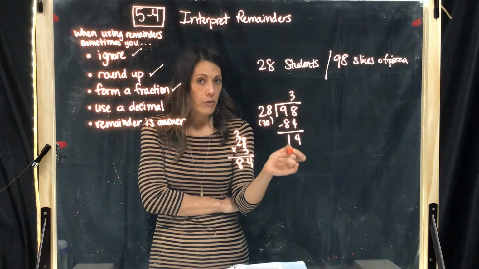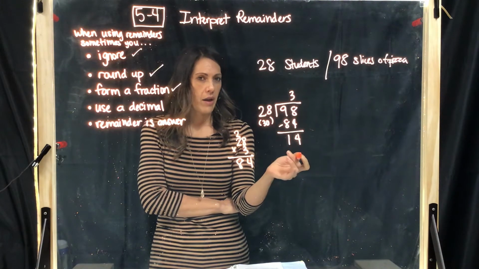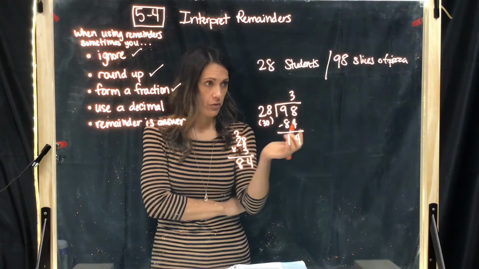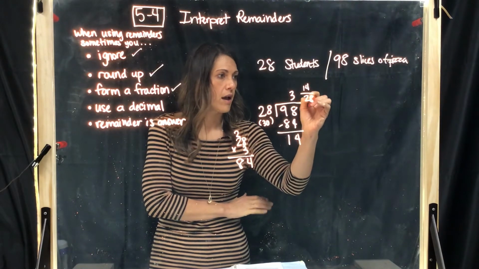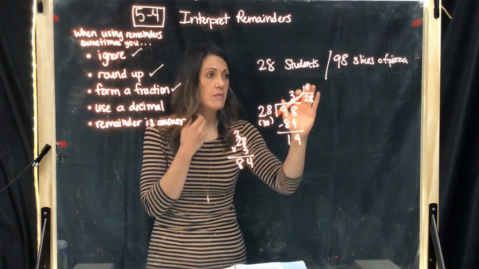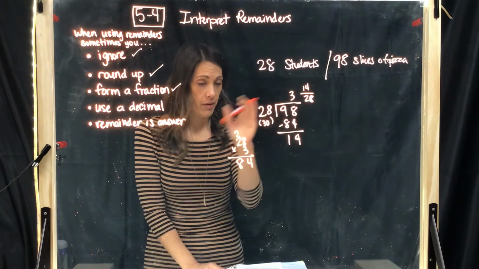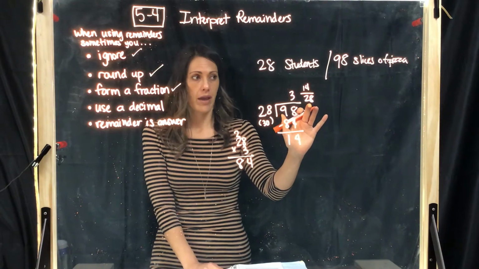Now, with that 14, with the 14 slices of pizza left, that's how many are left total. Since I have 28 students, my remainder becomes the numerator in my fraction, and my divisor, the number on the outside of the box, becomes the denominator, okay?